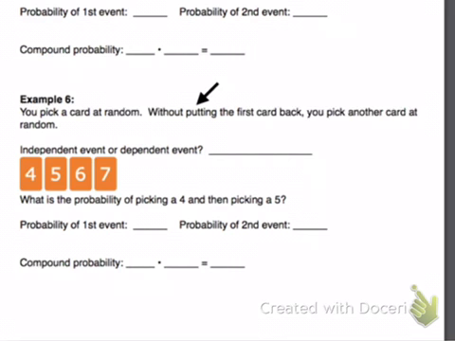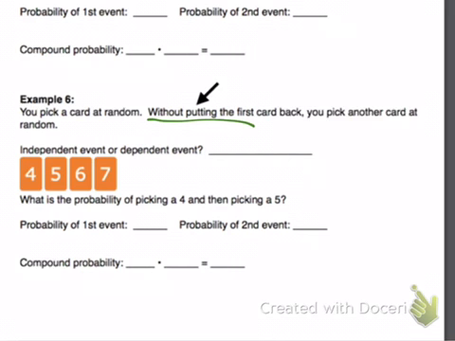Okay, go ahead and take a look at this one. Now look, this time we're not putting the card back, right? This is a dependent event. So remember, the second time we pick, there's only going to be 3 cards to pick from. Okay, so what's the probability of picking a 4 and then picking a 5?